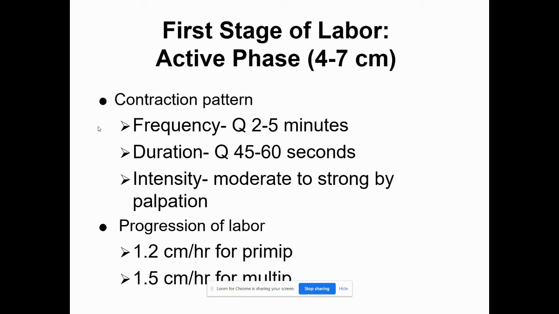Next in the first stage of labor is the active phase, where the cervix goes from 3 to 4 centimeters up to 7. The contraction pattern becomes more frequent, the duration is longer, and the intensity is now moderate to strong rather than mild.